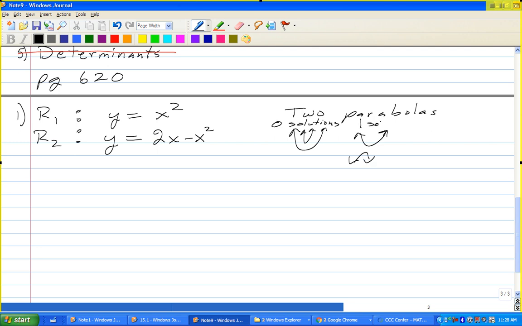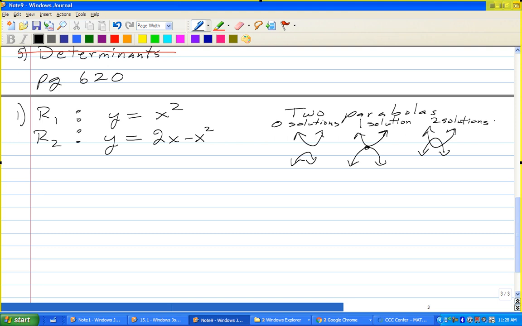So no solution, one solution, two solutions.